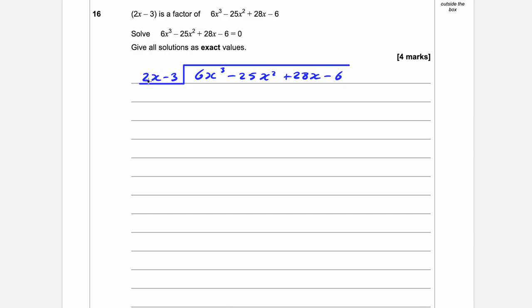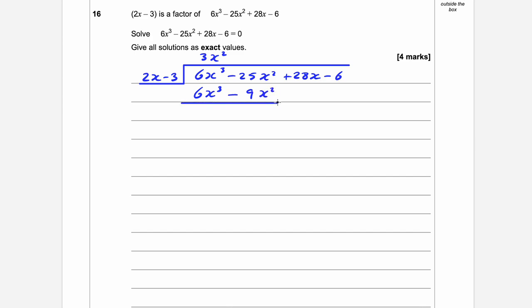I then do 2x into 6x cubed goes 3x squared. 3x squared times 2x is 6x cubed, and 3x squared times minus 3 is minus 9x squared.